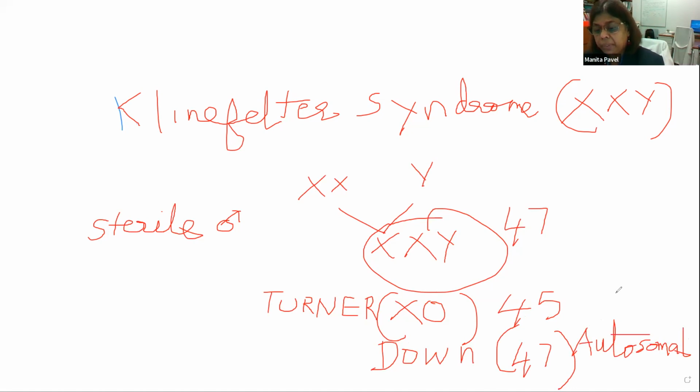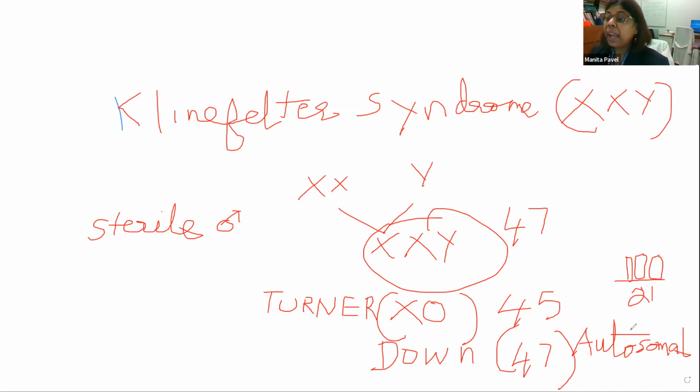What happens to these individuals in Down syndrome? Where is this extra chromosome? This extra chromosome is on chromosome number 21. So instead of having a pair of chromosomes, these individuals will have 3 chromosomes, an extra copy on chromosome number 21. So they end up with 47 chromosomes.